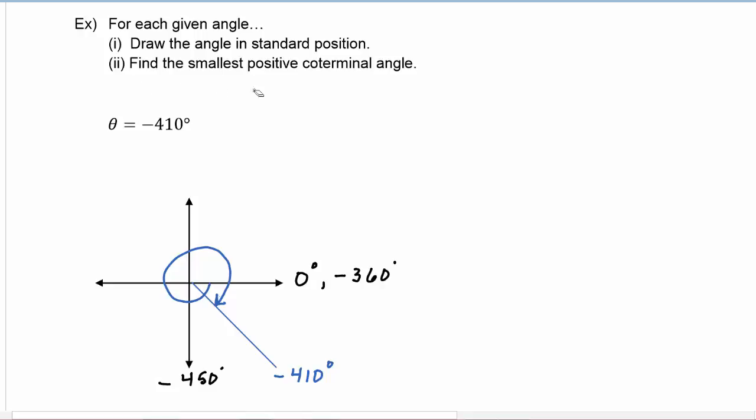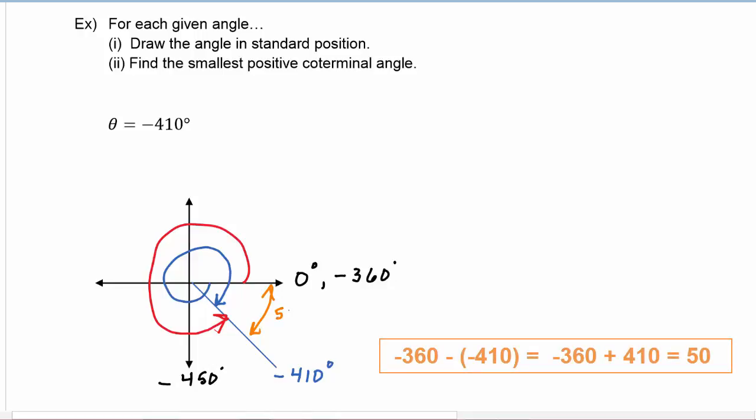So now we're ready to find our smallest positive coterminal angle. And remember, it is positive, so it has to go in a counterclockwise direction. And probably the easiest way, again, would be to just notice that between negative 360 and negative 410, that angular displacement is 50 degrees.